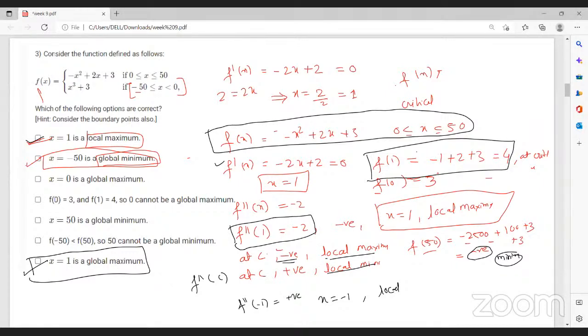Here you understood, right? I am finding out where I will get f double dash of x with the variable, and I will get two roots here. So that function I'm taking. Just one minute. Activity 1.